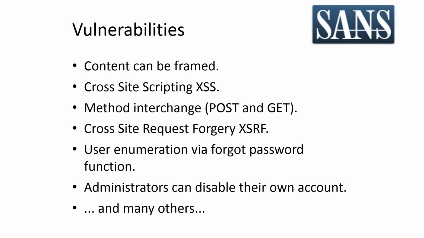But this application would perfectly happily take the exact same parameters as a GET on the URL line. So that method interchange, again, in and of itself, not that important. In fact, kind of irrelevant overall. But it made the rest of the attack much simpler and easier to pull off as the attacker.